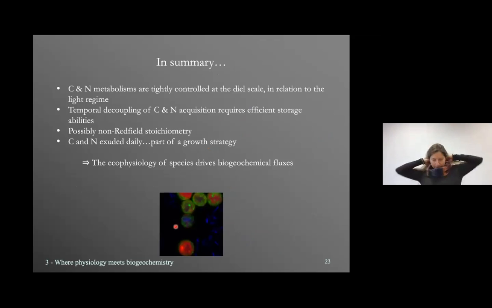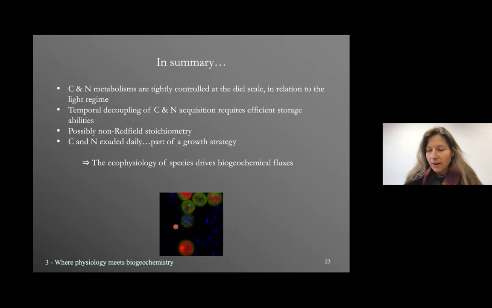So in summary, what I wanted to emphasize today is that in any organism, carbon and nitrogen metabolism will be tightly constrained at scales that are relevant for the organism. And those scales are tiny, very short, very quick.